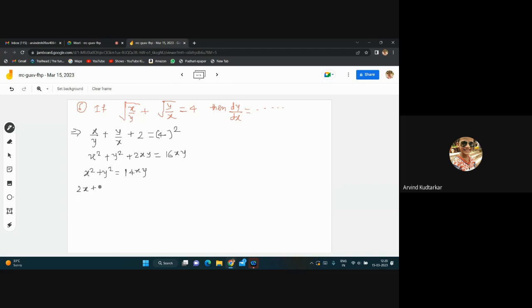What is the derivative of x square? 2x, plus what will be the derivative of y square? 2y into dy by dx, it is the derivative of the power, then take the differential of the base. On the right side there is a product of two functions, 14xy. So applying the product law in differential, keep 14x as it is into the derivative of y, that is dy by dx.